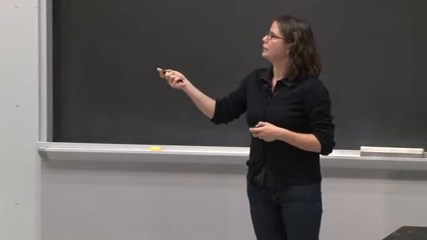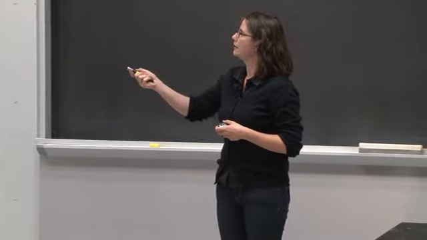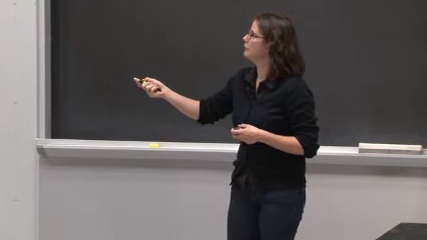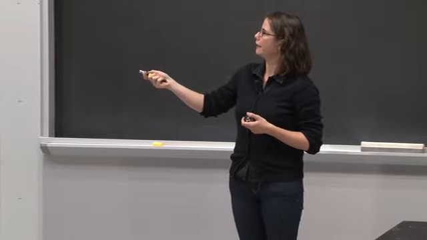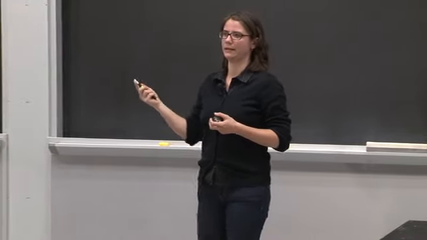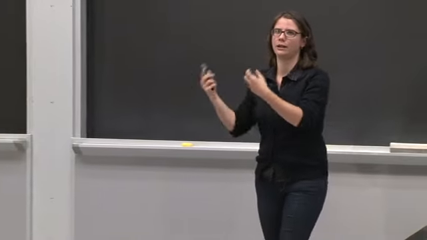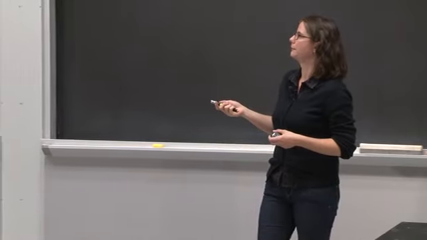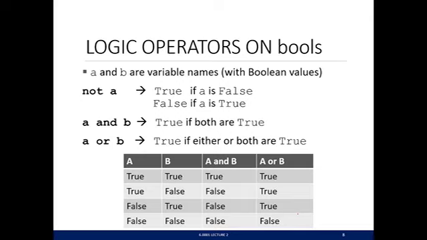Okay, so those are comparison operators on integers, floats, and strings. On Booleans, you can do some logic operators. And the simplest is just inverting. So if A is a variable that has a Boolean value, not A is just going to invert it. So if A is true, then not A is false, and vice versa. This is a table that sort of represents what I've said here. So you can use and, or.